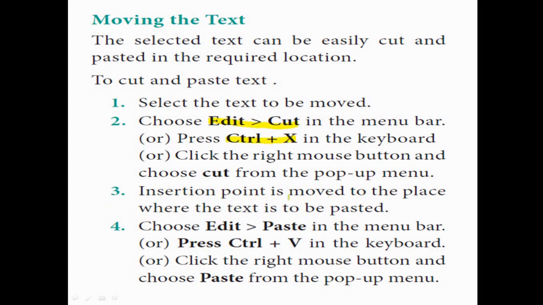Move the insertion point to the place where the text is to be pasted. There use the menu, Edit, Paste, or the shortcut key Ctrl plus V. This is for moving the text.